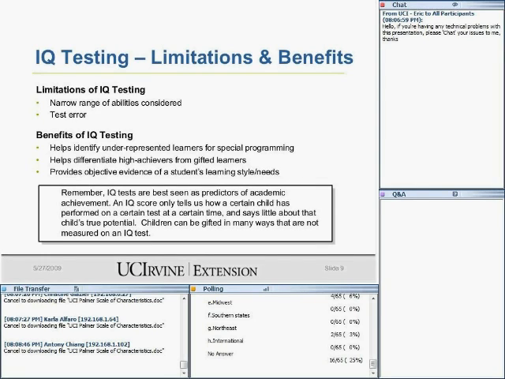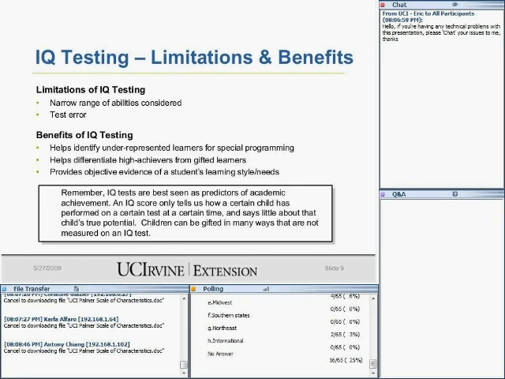But there are some benefits to IQ testing, and that's why these tests are still around. It does help to identify certain types of learners that need special programming that may not be widely available to most students in school. Some kids that are gifted, in fact many, do not come across as being academically gifted in the classroom for many different reasons.